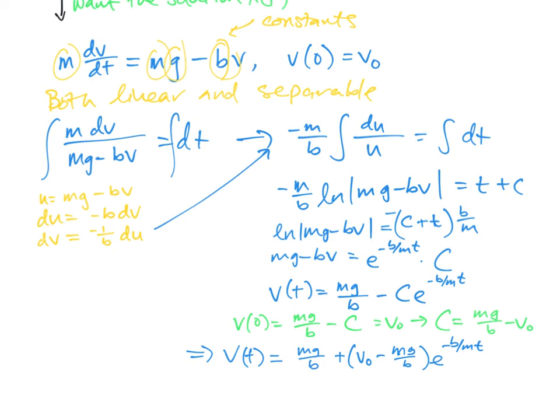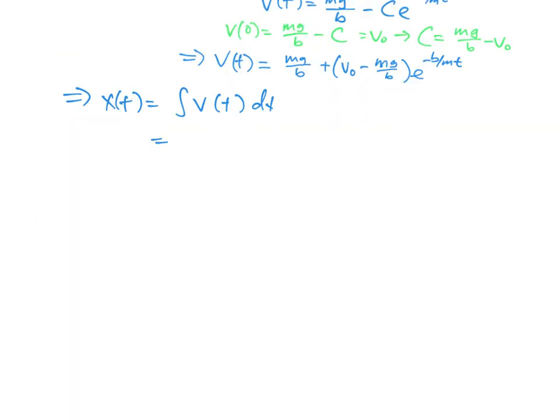So this is the velocity equation, and what we really want is our position function x. So now we've got to take the integral of v. The integral is, again, fairly straightforward because most of those things are constants. And so we can do a u substitution to integrate the exponential, and we get left with this.